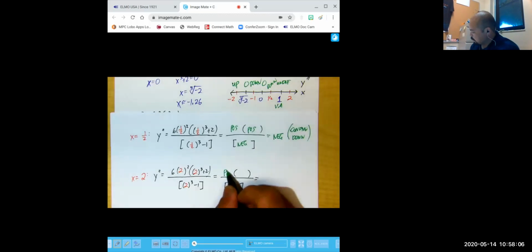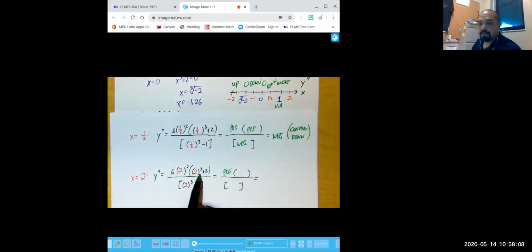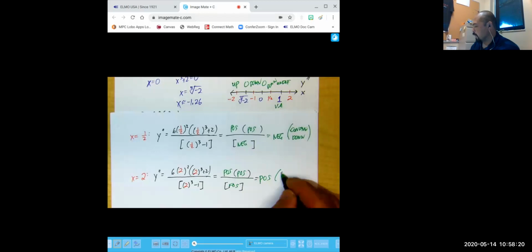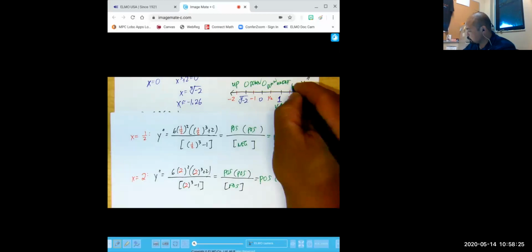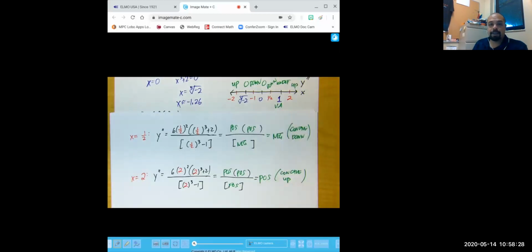That's squared, positive. 2 cubed, positive plus 2, positive. 2 cubed, 8 minus 1, positive. All positive stays positive, so we're going to be concave up in that space. I know, kind of tedious there. You could also plug into a calculator, but imagine you're doing this without a calculator. Just watch out for that order of operations.